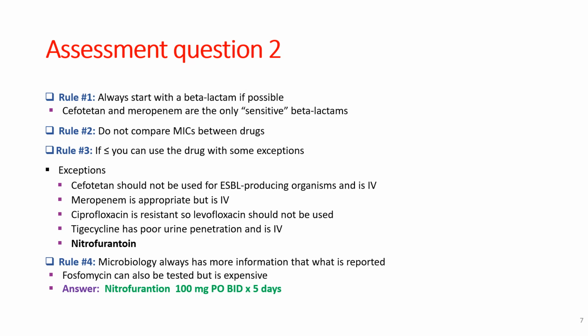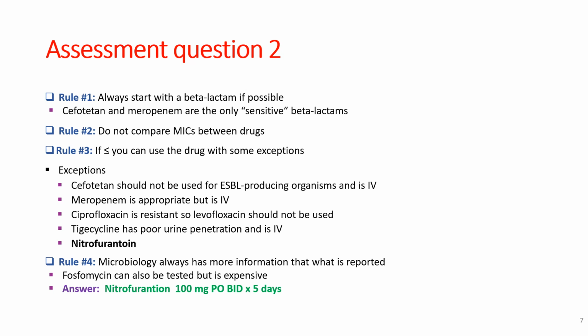For this particular case, always start with a beta-lactam antibiotic. Now it was an ESBL producer, so all third generation cephalosporins will be resistant. So though cefotetan is reported as sensitive in the report, since it is an ESBL producer, it won't be the drug of choice. Cefotetan and meropenem are the only sensitive beta-lactams, so cefotetan won't be the drug of choice.